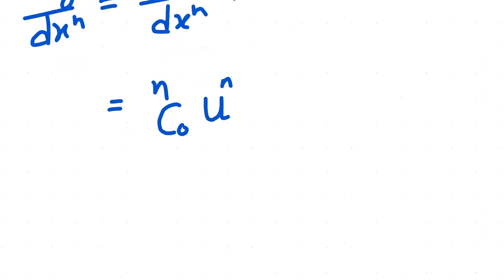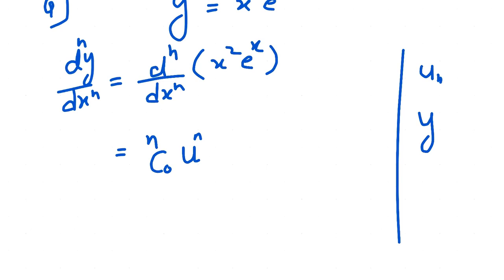So they can show you y_n like this, or you can take u_n or v_n like this also.